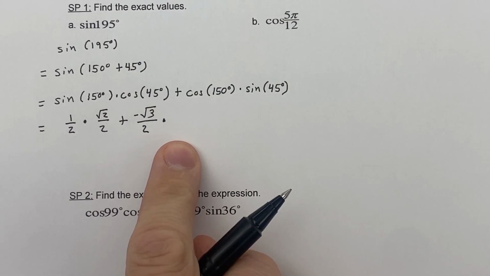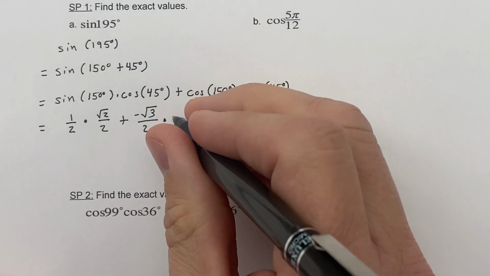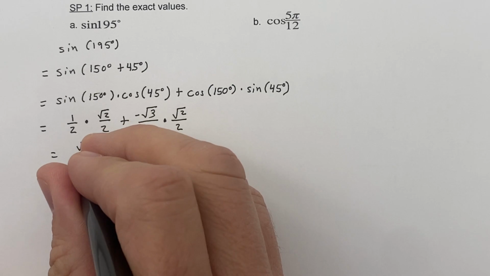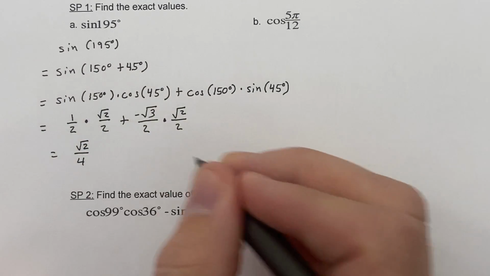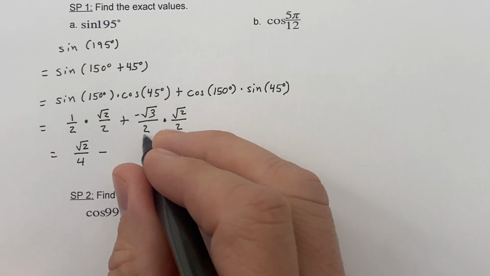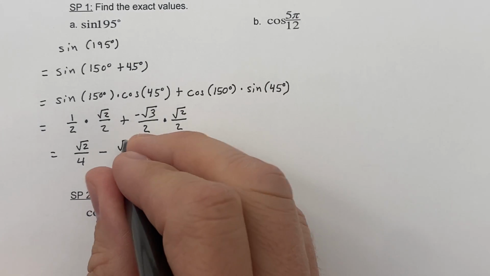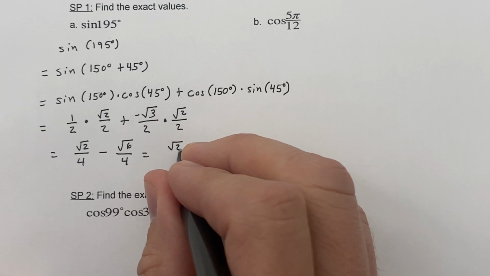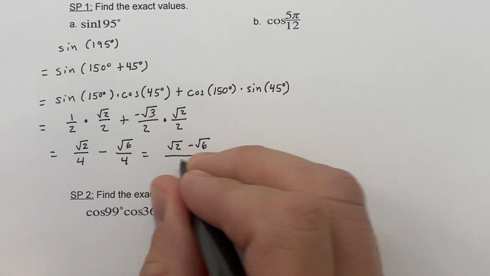And at 45 degrees, our y value is square root of 2 over 2. Multiply and simplify. Square root of 3 times square root of 2 can be the square root of 6 over 4. So we got the square root of 2 minus the square root of 6 over 4.